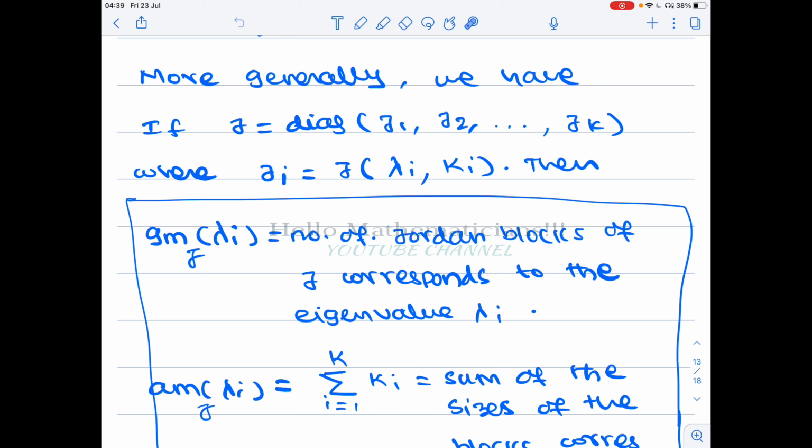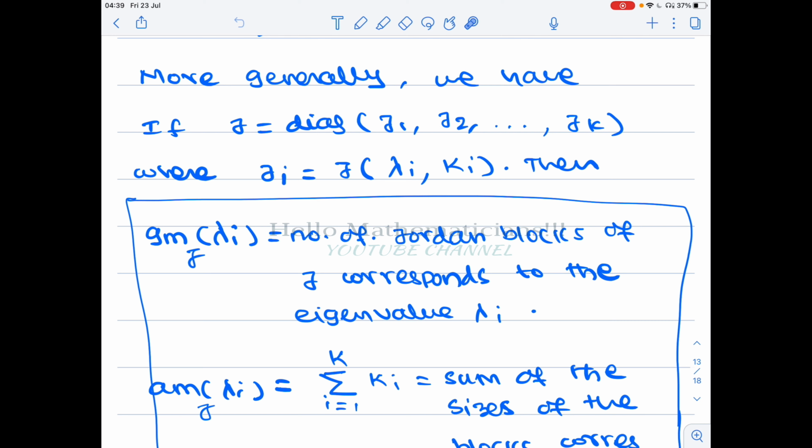Given this, the geometric multiplicity of an eigenvalue lambda i in J is equal to the number of Jordan blocks of J corresponding to the eigenvalue lambda i. For example, as I said earlier, suppose lambda 1 and lambda 5 are equal.